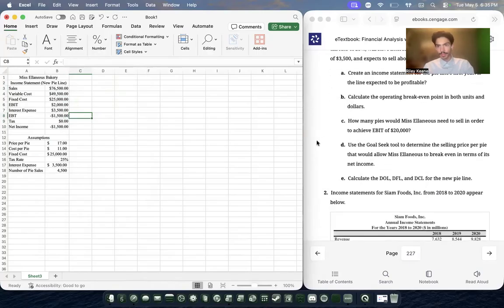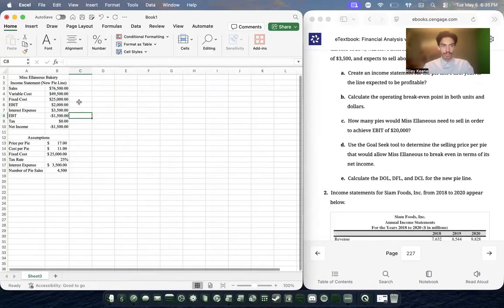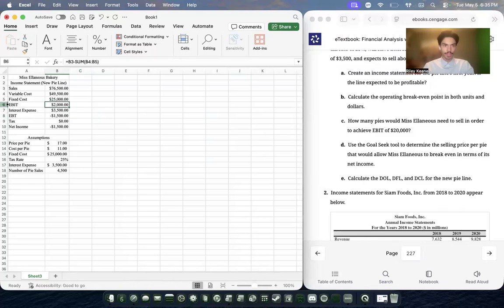So next, the operational break-even point in both units and dollars. So the operational break-even point is going to be what's going to make our EBIT equal 0. It's not our bottom line net income that we're worried about for this. So break-even.